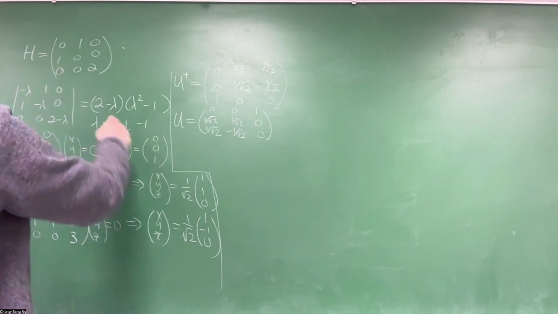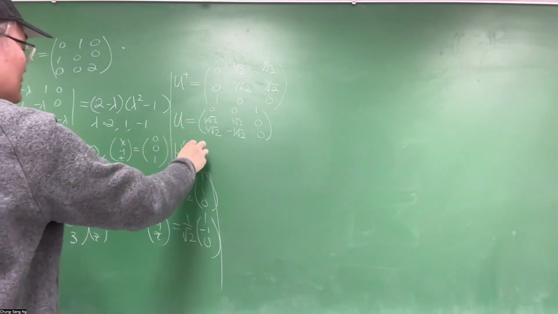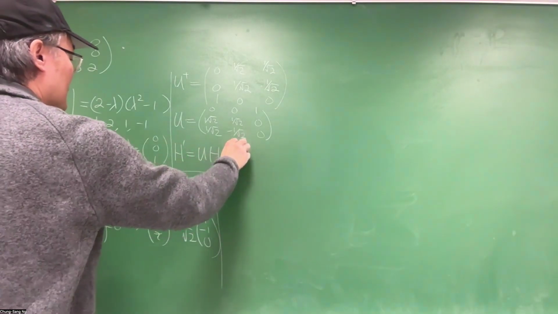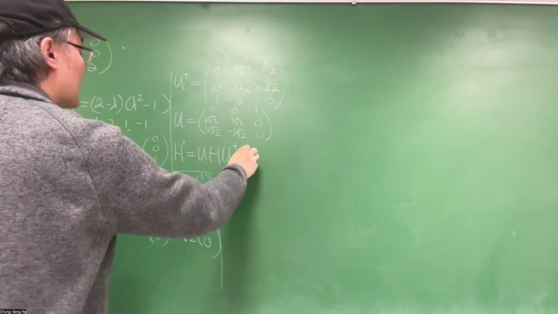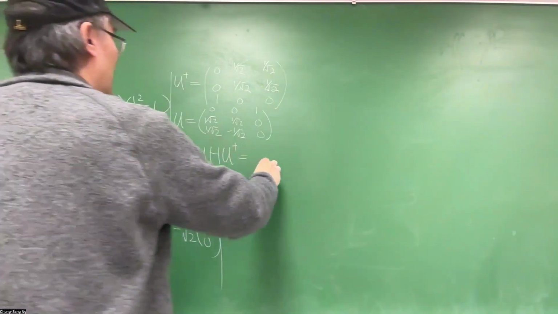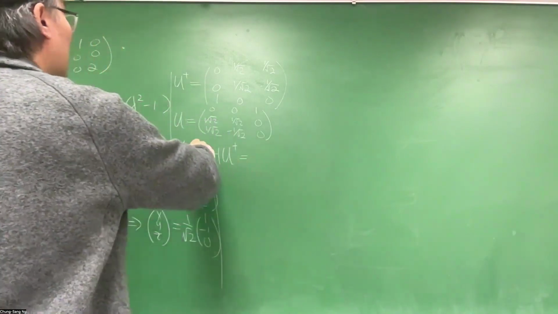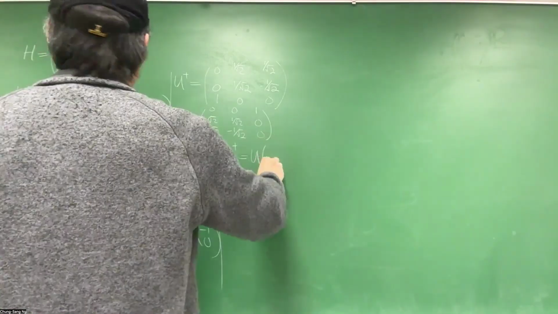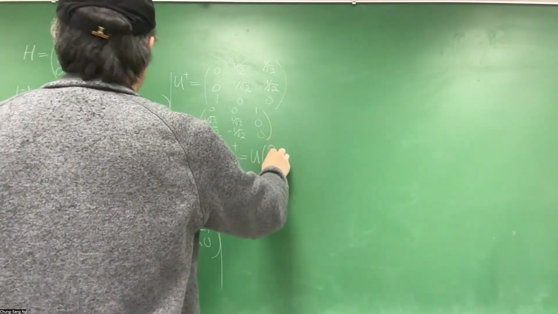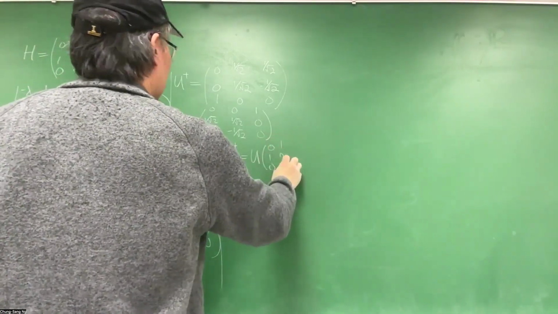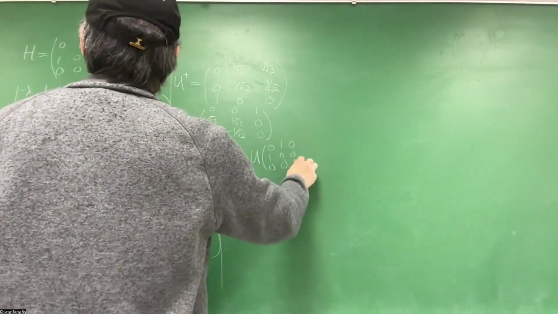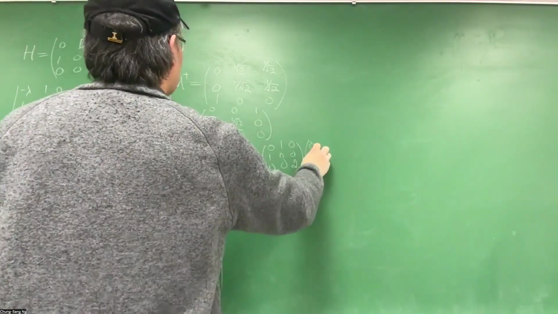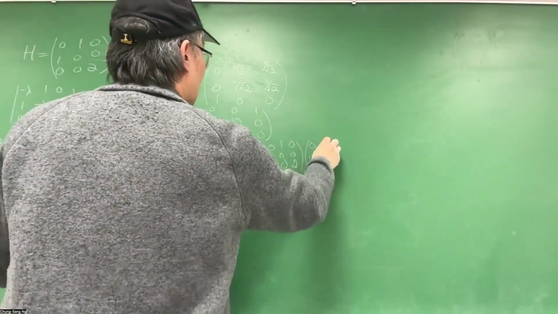Okay, so we can do the H prime. H prime will be U H U dagger, right? You can see which one we can do first. So U H is U, times 0, 1, 0, 0, 0, 0, 2. And the U dagger vector is this, 0, 0, 1.